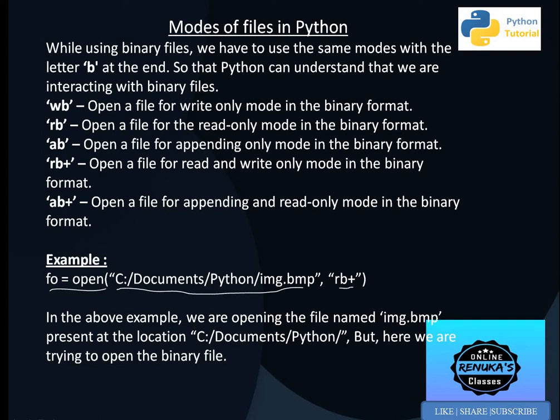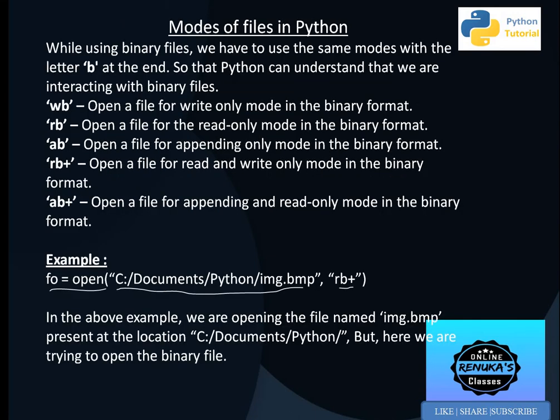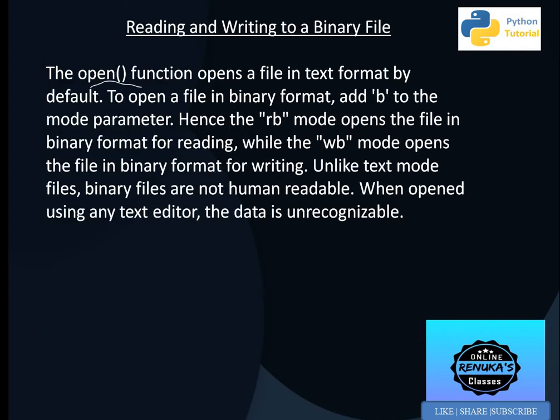The mode is rb+. rb+ means the file is in read and write both mode, but in binary format. So plus means both modes, binary format. So these are the various modes which we can use, and to open a file we use the open function, as we have discussed here.